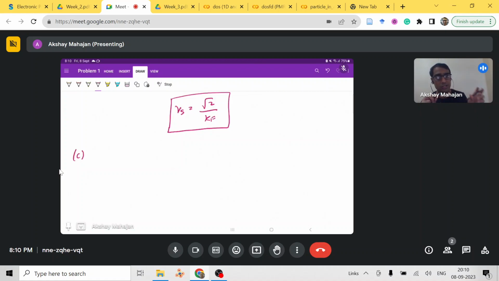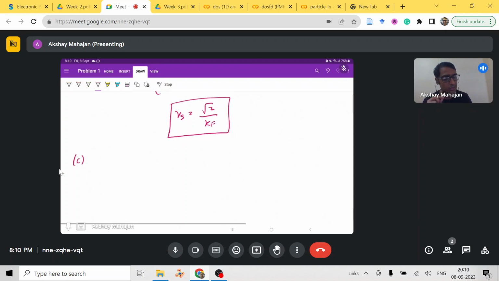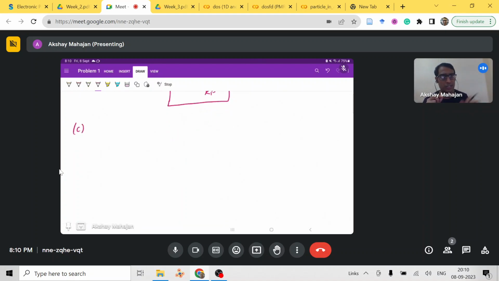The function along with the Fermi-Dirac distribution function, that part of the energy function, is going to be our density of states. So it will be similar to what has been done for the three-dimensional case. Alright, so let's just do it.